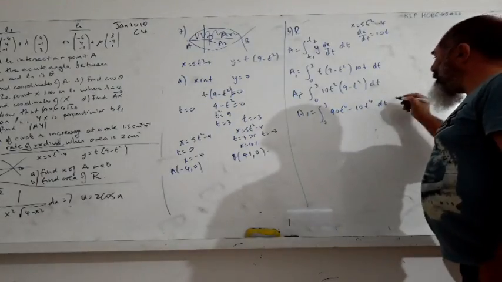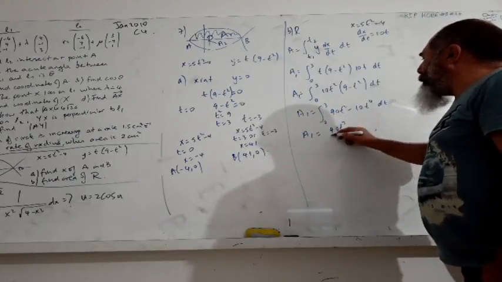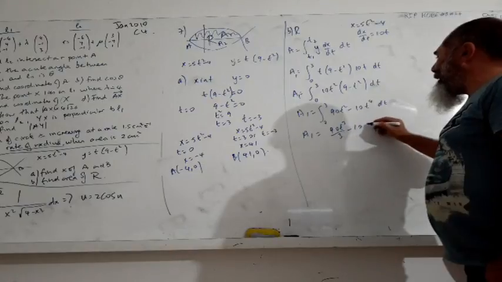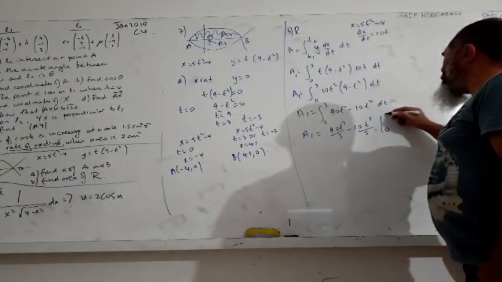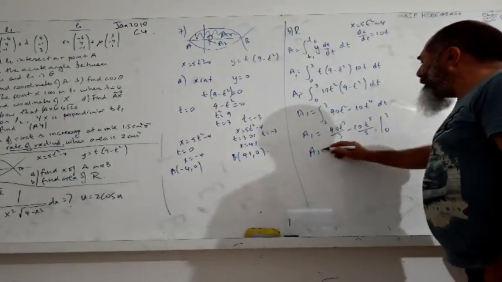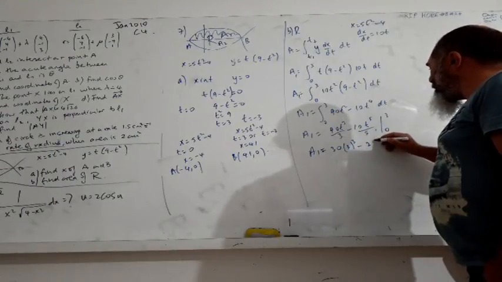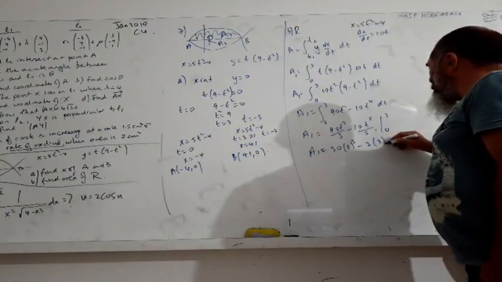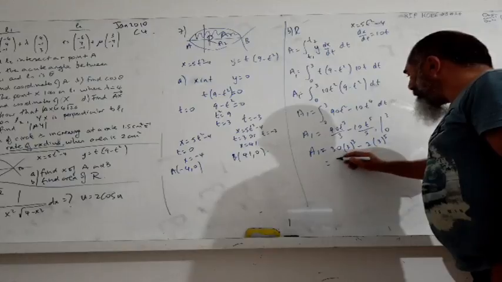Do the integration here: 10t cubed over 3 minus 10t to the power of 5 divided by 5, from 0 to 3. A1 is going to be 30 times 3 cubed minus 2 times 3 to the power of 5. This is equal to 270.